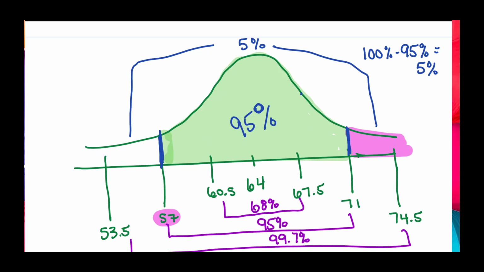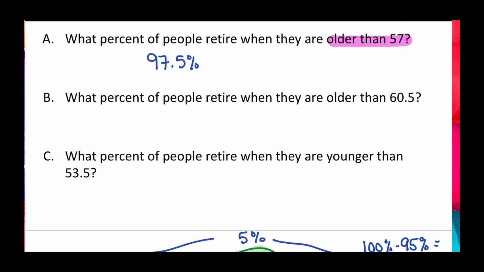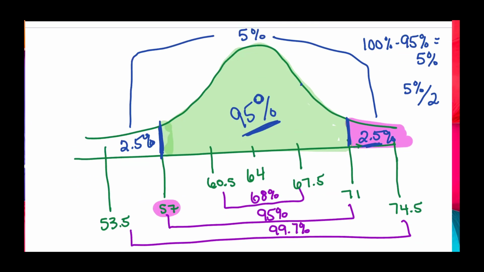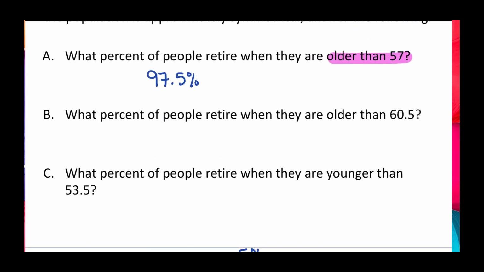This left side and this right side together should be 5%. Because it's symmetrical, each one is half of 5%. So divide 5% by 2, and we get 2.5% over here and 2.5% over here. If you add them together, you do get 100%. So now I just add this 95% and this 2.5%, and that gives me the percentage that is above 57. So it's still 95 plus 2.5, which is 97.5%.